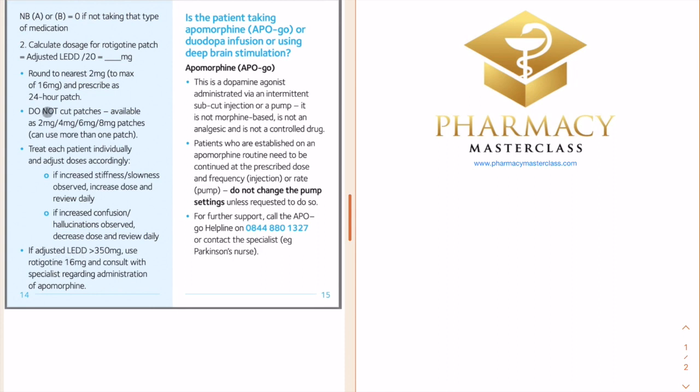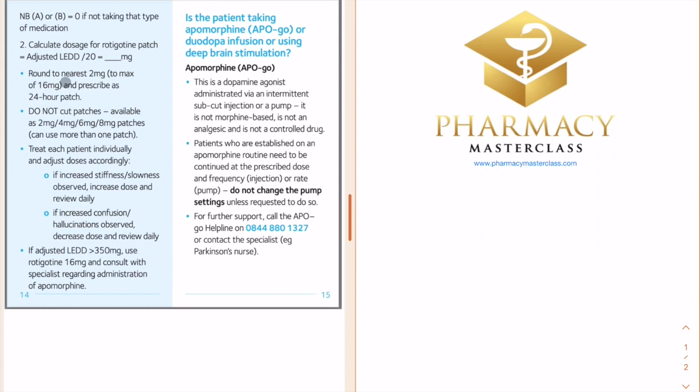The maximum dose that can currently be prescribed to a patient of rotigotine is 16 milligrams for Parkinson's treatment. So if you've got a calculation of a dose greater than 16 milligrams of rotigotine needed in 24 hours, you must always round it down to 16 milligram.